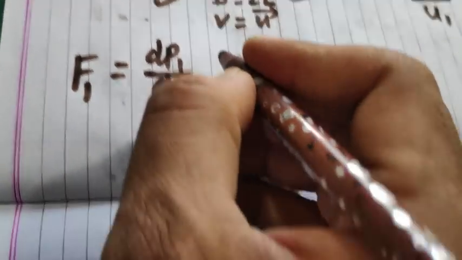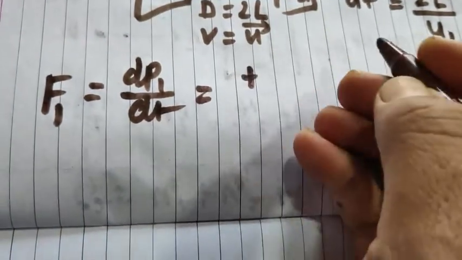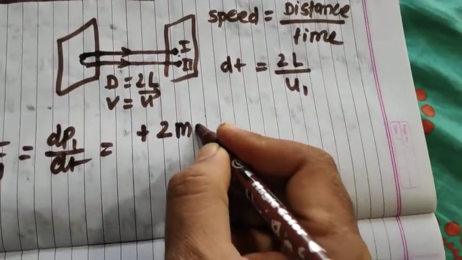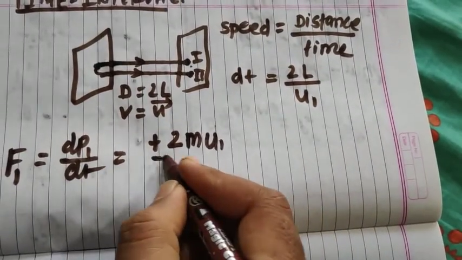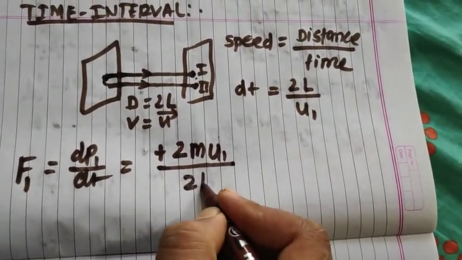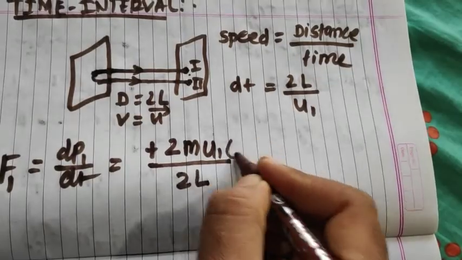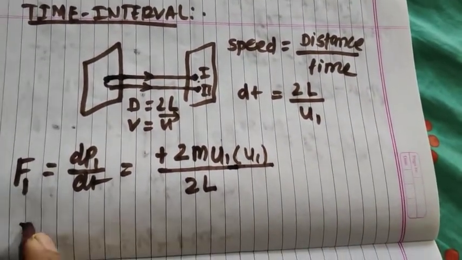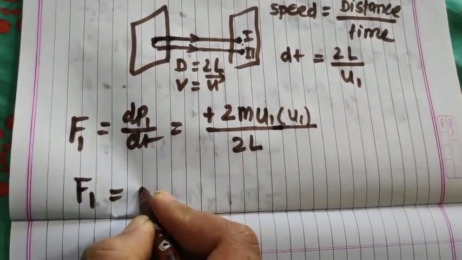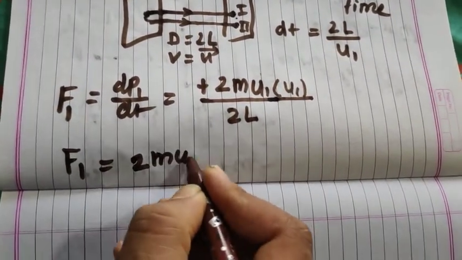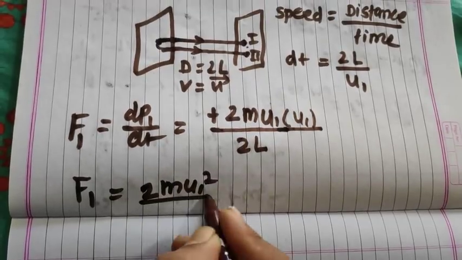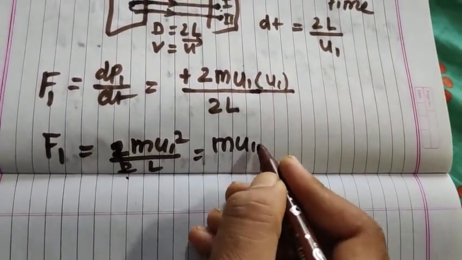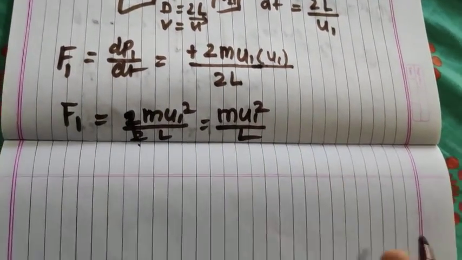This will further be plus 2 m u1 divided by dt, and dt is 2L upon u1. So in this way, we get the force of the first particle as 2 m u1 square upon 2L. This 2 gets cancelled, so it will be m u1 square upon L. This is the force of the first molecule.